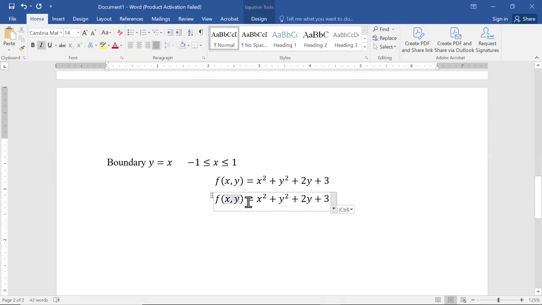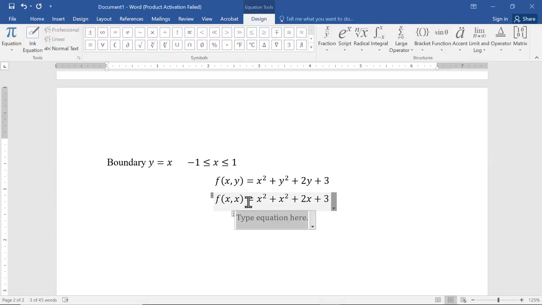If y is equal to x, I just replace every y I see with an x, make it into a single variable function. That's pretty easy to deal with. We get a single variable function, I'll call that h of x, which is 2x squared plus 2x plus 3.